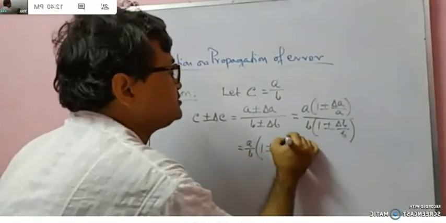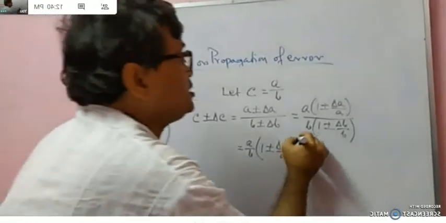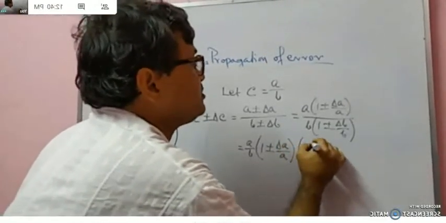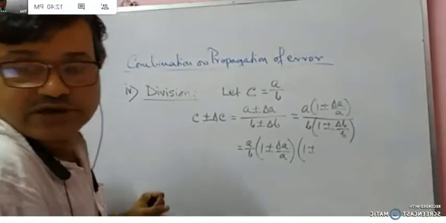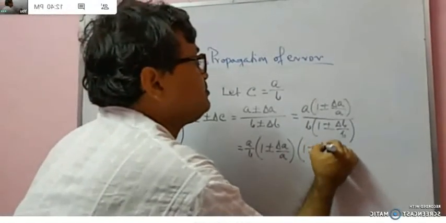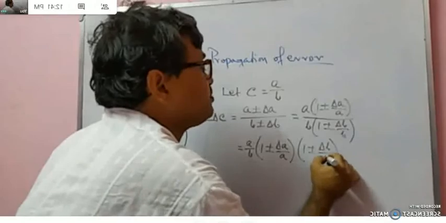Now I can write A by B times 1 plus minus delta A by A and then 1 plus minus delta B by B to the power minus 1.